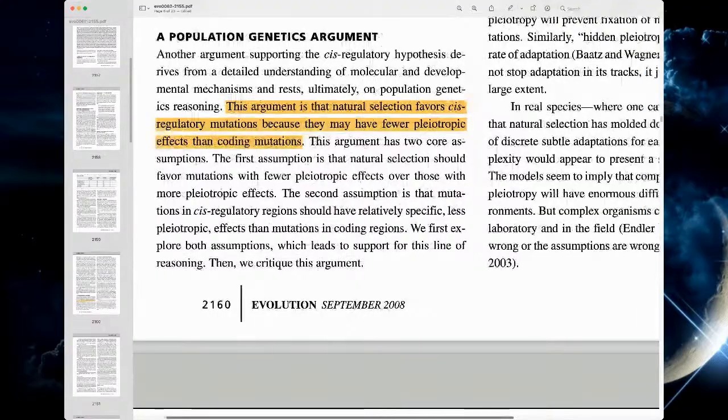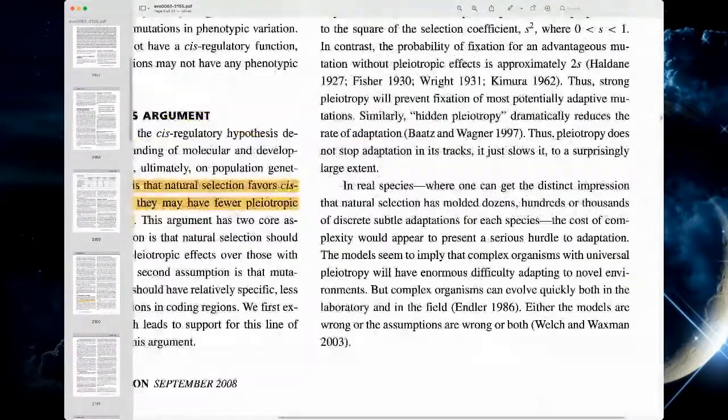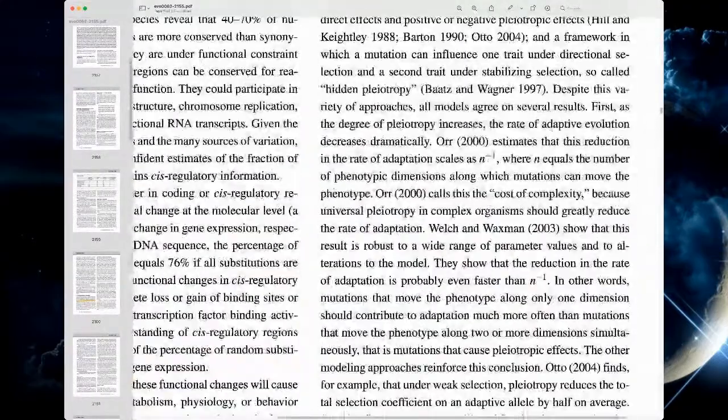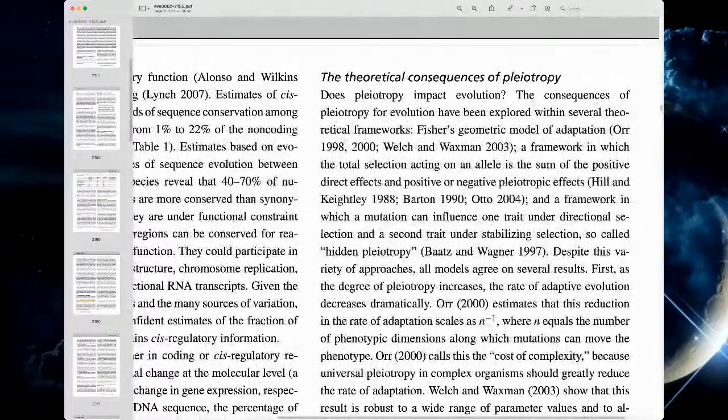Okay, and let me reposition. Go back up to the top. Now, pleiotropic would be where the protein has an effect in different parts of the organism. So it's involved in more than one pathway. Is that a good way to put it?